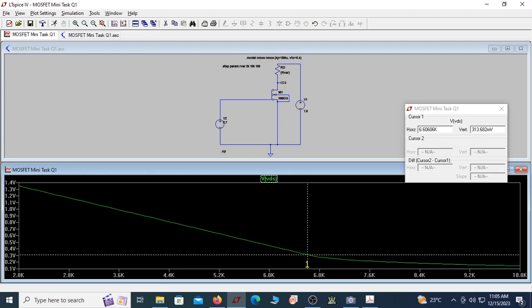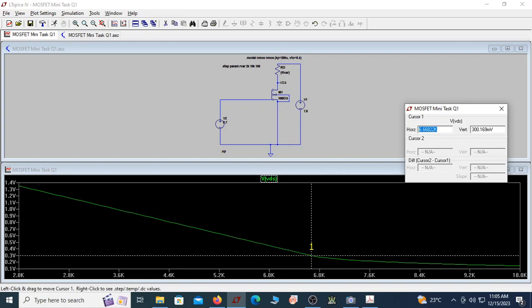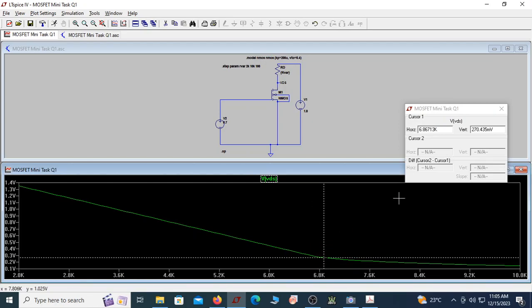So we are looking at 0.3. This is approximately 0.3. Don't you have this at 6.66 kilo ohm? So this proves that for a resistance RD close to 6.66K, you have a VDS of 300 millivolt. Suppose the value of RD goes beyond this, can you see this is less than 300 millivolt?